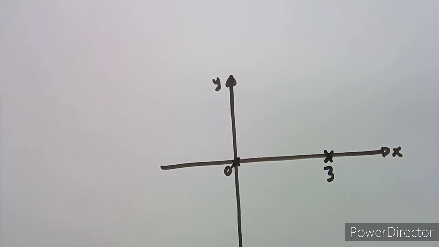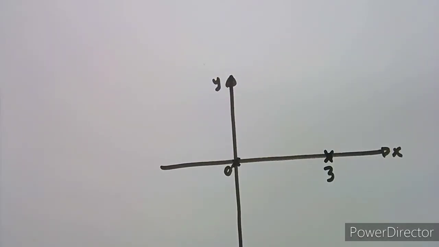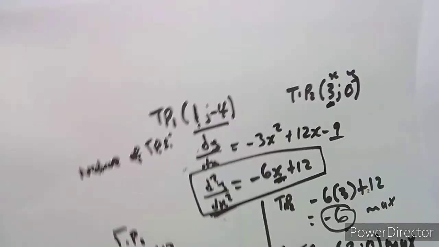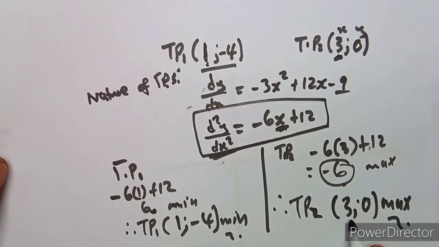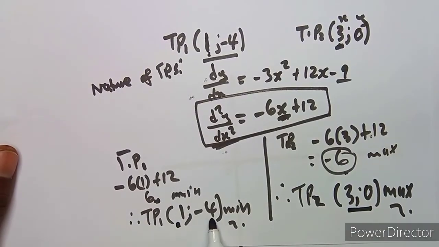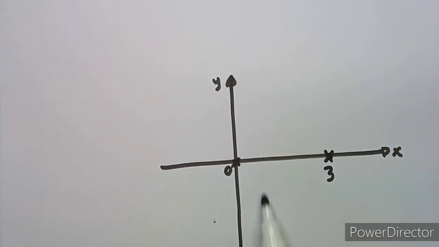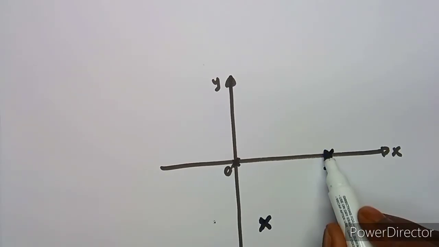Let me take you to the turning points. The turning points occurred at x equal to 1. I'm now mixing things up here. Anyway, we had a turning point at (3, 0) here, and another turning point at (1, -4). So let's assume (1, -4) is somewhere here, and (3, 0) is here already.